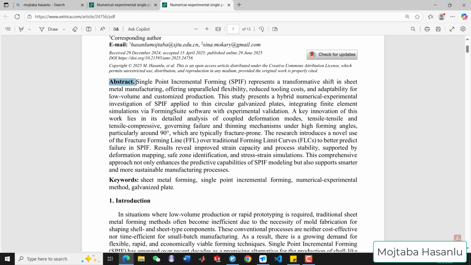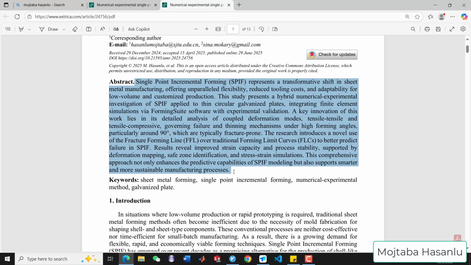The next part is the abstract. So you have to write about one paragraph, around a maximum of 200 words. A maximum of 200 words is a very good abstract.